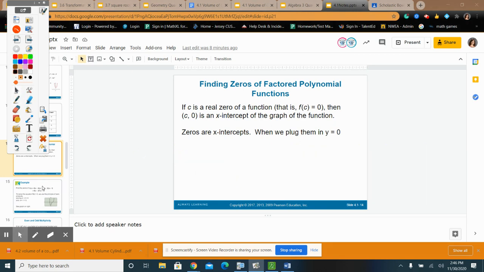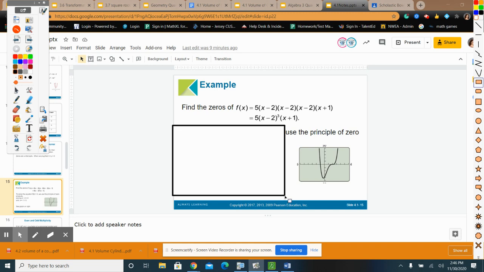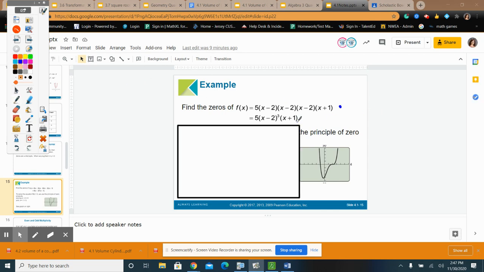So let's look at some examples. Well, this first one, they did a really nice thing for us, and they actually factored it for us. So that's nice. You don't have to type it into your graphing calculator if you want. You can write it like this, which is factored, or the next guy. Well, I know what the zeros are just by looking at this. First of all, I have a 5 times an x times an x times an x times an x.